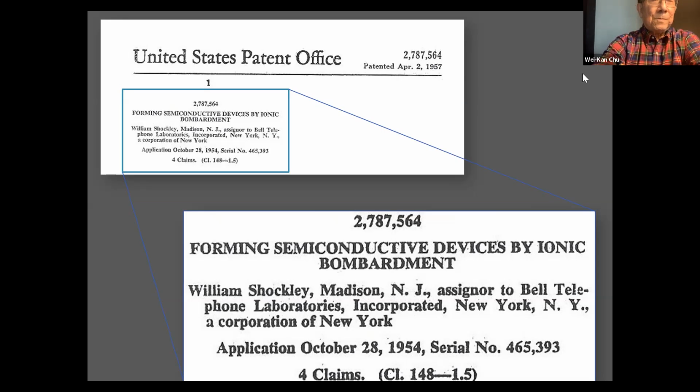So that was the story. Many years later, at a conference, I bumped into my high school classmate, and by then implantation was well accepted. It became the most important part of the process in making semiconductor devices.